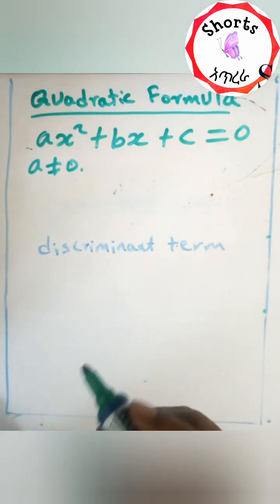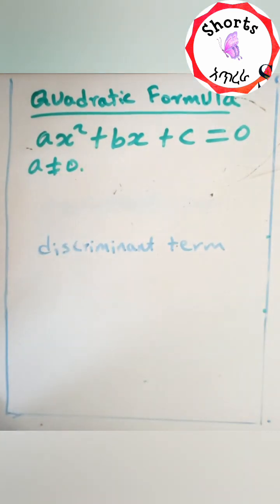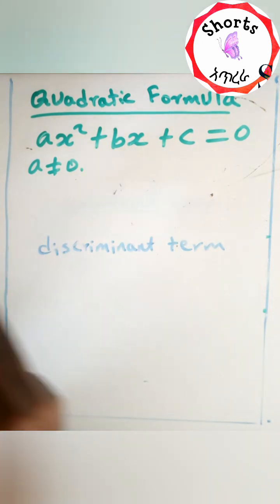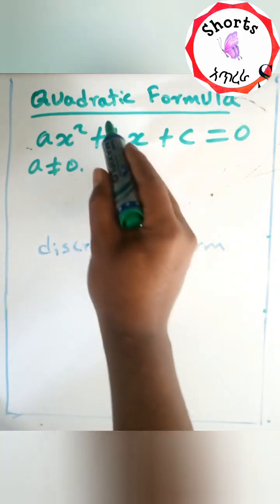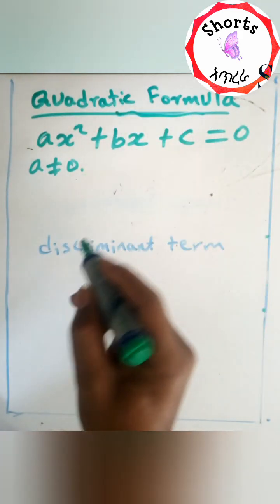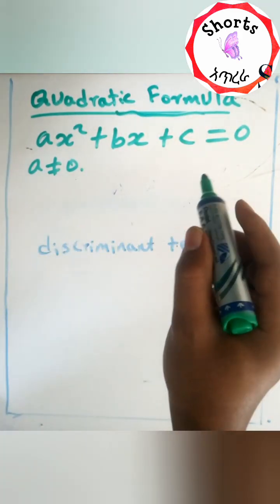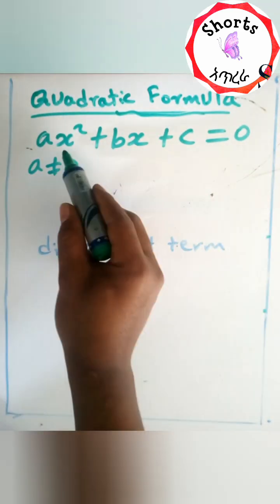There are about 3 methods, but in this video we are going to see the general formula or quadratic formula method, which is used to find the value of x that satisfies the quadratic equation.